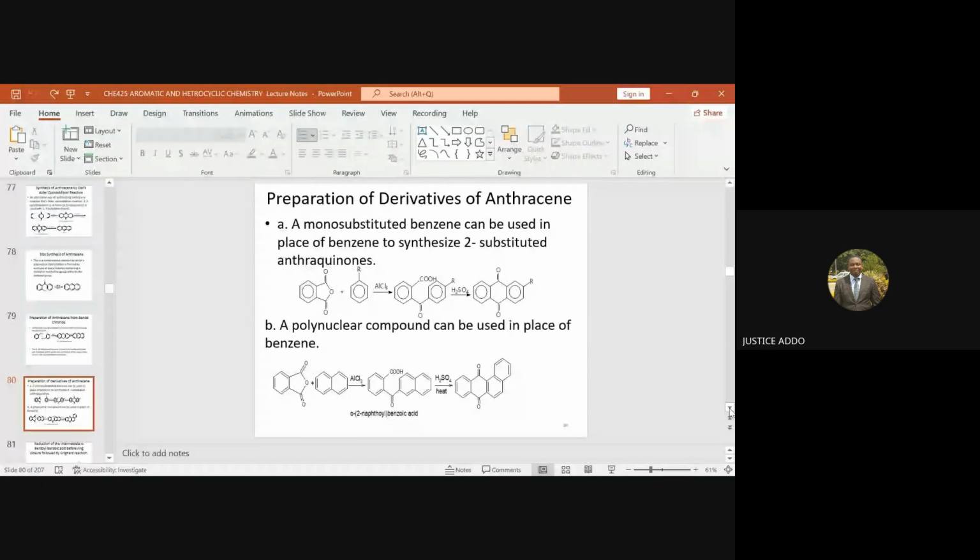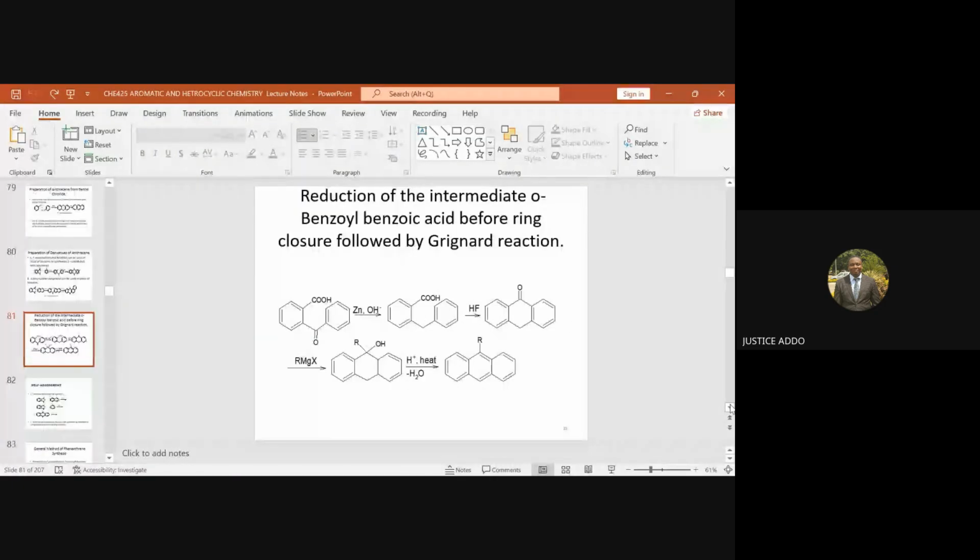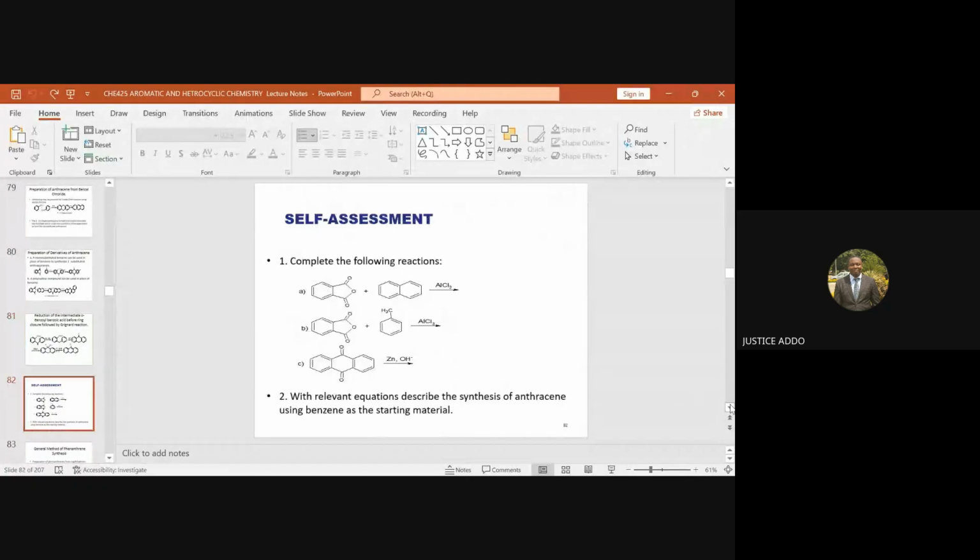And if you know one of them, then the preparation of the derivatives is also not a big deal, because whatever derivative group is there should be attached to the benzene nucleus, and then you proceed. So that should also not be a problem with the derivatives synthesis. It's the same method, just that the starting material has to bear your group of what substituent.